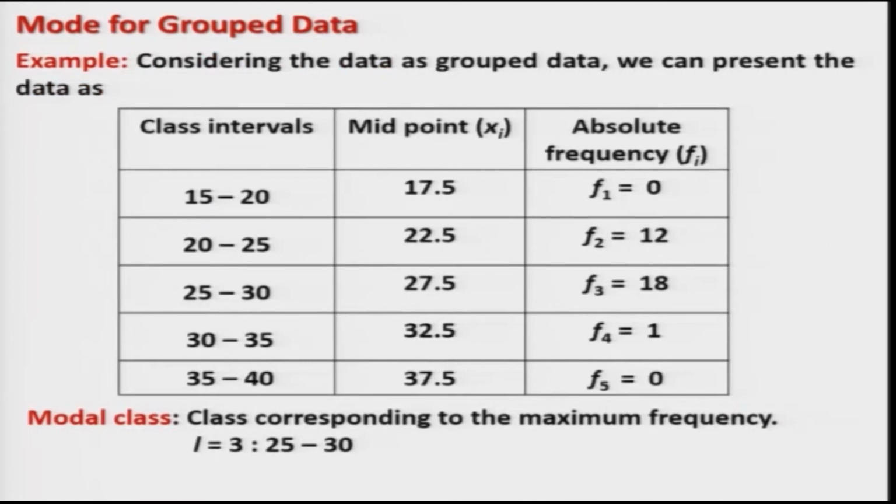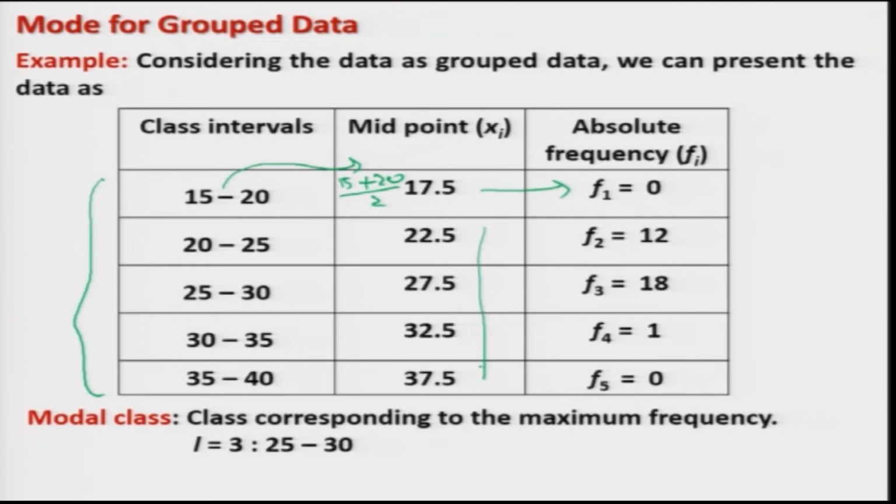Now, we prepare the frequency table. You can see I have made 5 class intervals, and I have computed their midpoints. For example, in this case the midpoint is computed as (15 plus 20) divided by 2, which is equal to 17.5, and its frequency is 0.